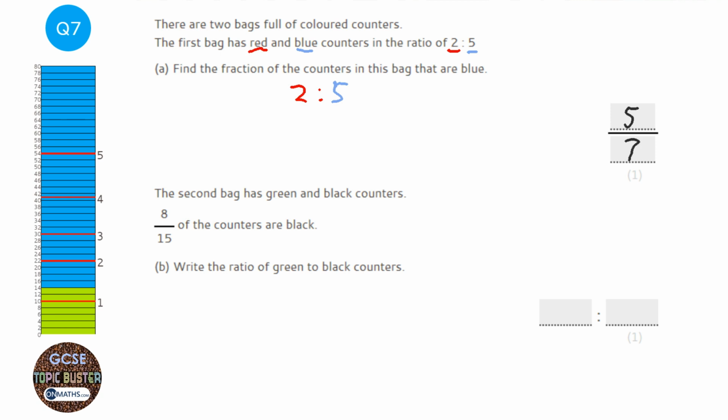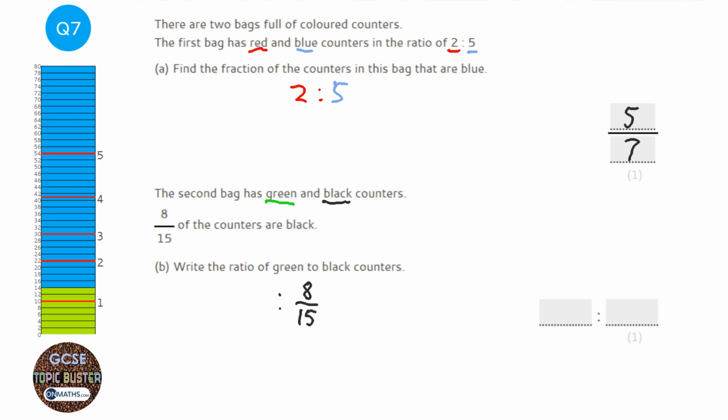Now this next question says that 8/15 of the counters are black. So we're looking at green to black. So I'm going to do the right hand side of the ratio, which is going to be 8 over 15.